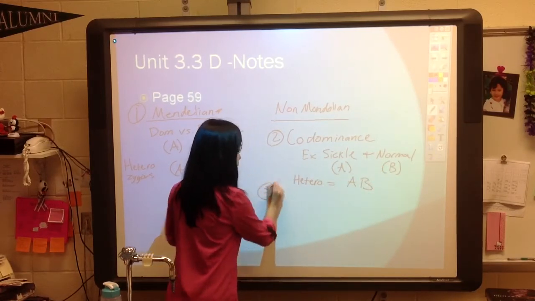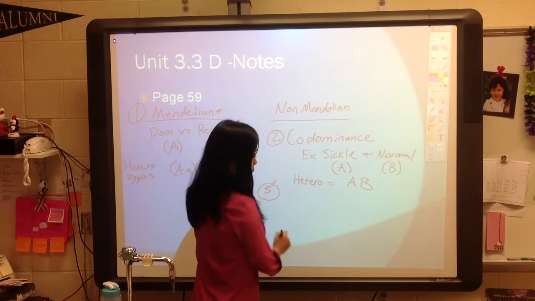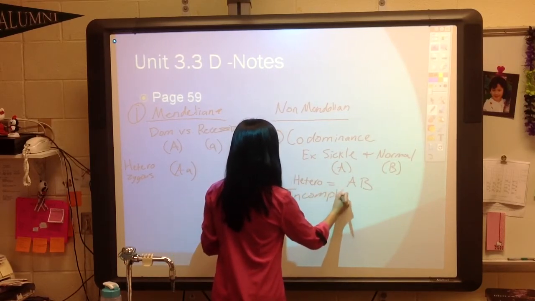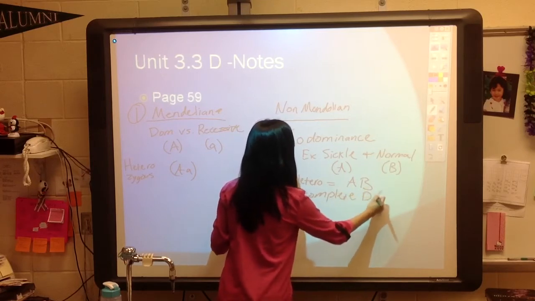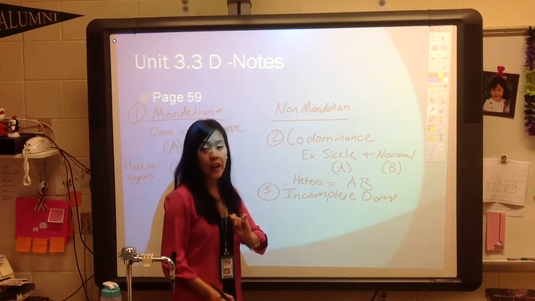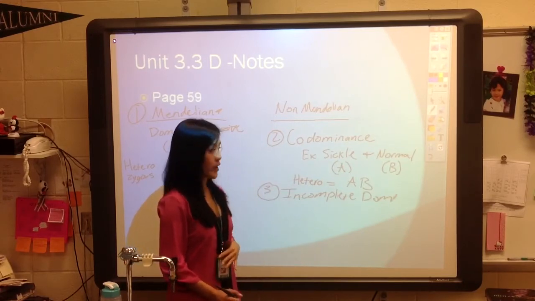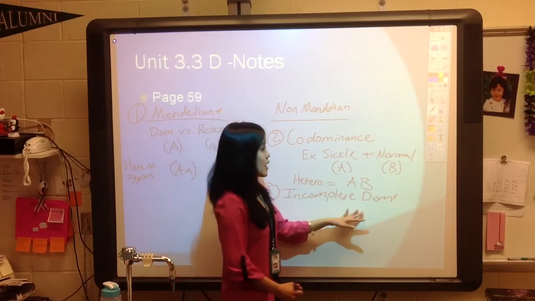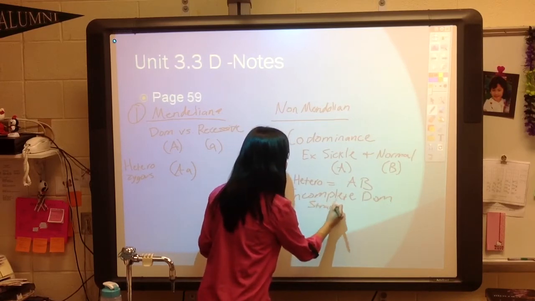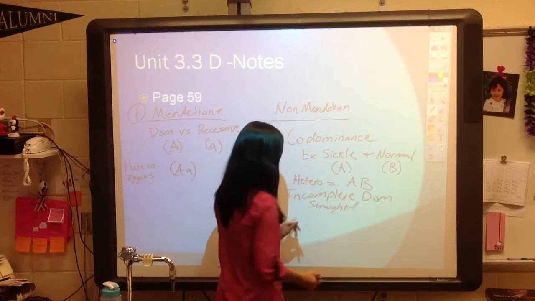Then the third type of inheritance we talked about already was incomplete dominance. In incomplete dominance, our example with people was hair type: straight hair, curly hair, wavy hair. Let's say you had straight hair, and it really doesn't matter which you indicate as which.